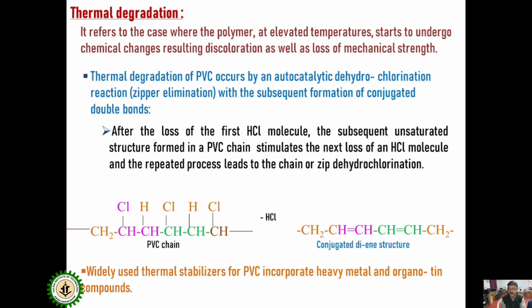And not only that, after degradation of PVC, a conjugated diene structure like this is the most stable structure. So obviously the process will have its own tendency to stabilize in a stabilized form, and that's why PVC is very susceptible to thermal degradation.